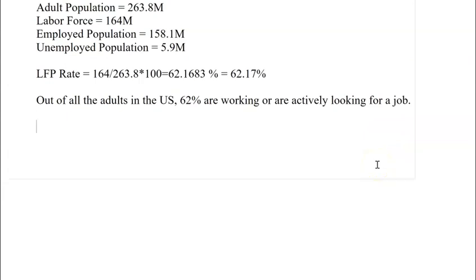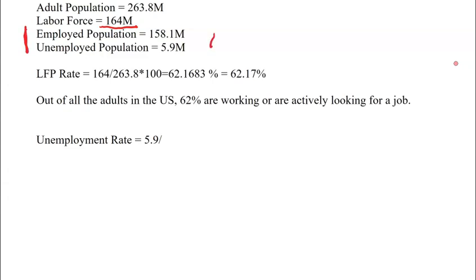The next number that we should find is the unemployment rate. So the unemployment rate is the unemployed population, which is 5.9 million, divided by the labor force. Now, if you notice one thing, the employed population and unemployed population together equal the labor force.